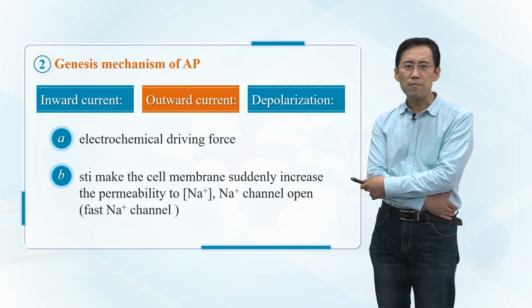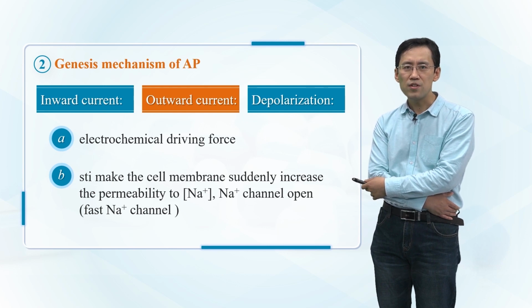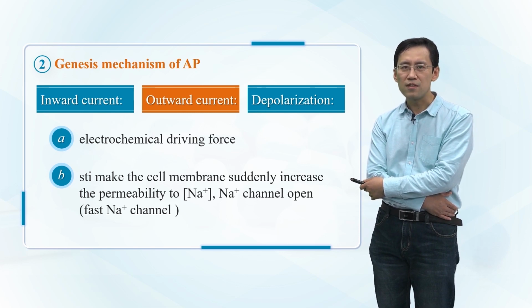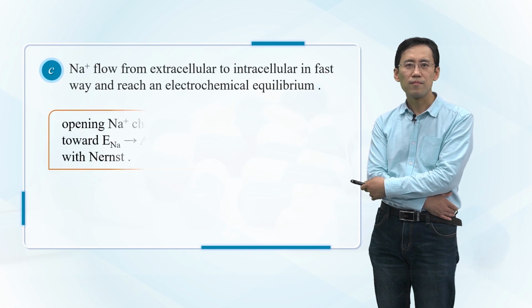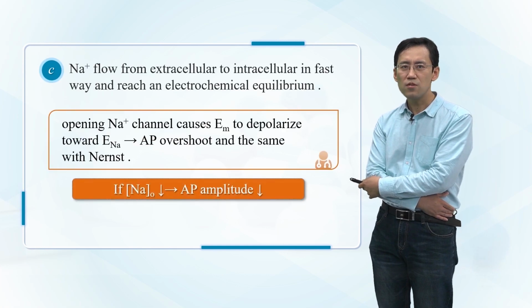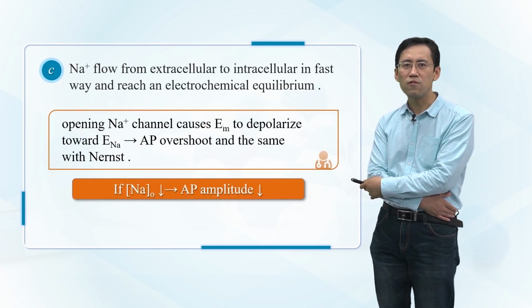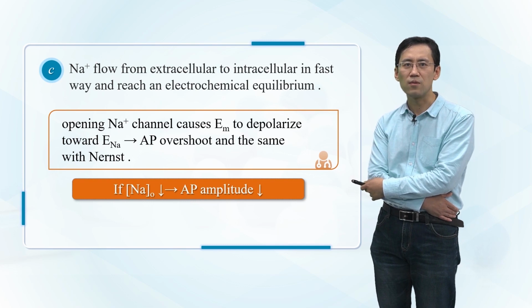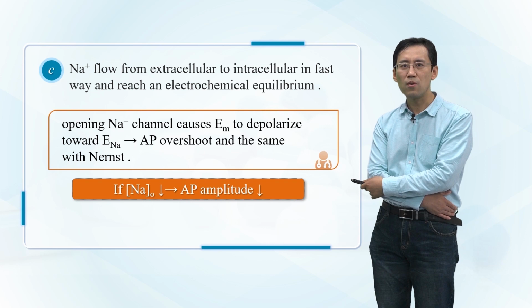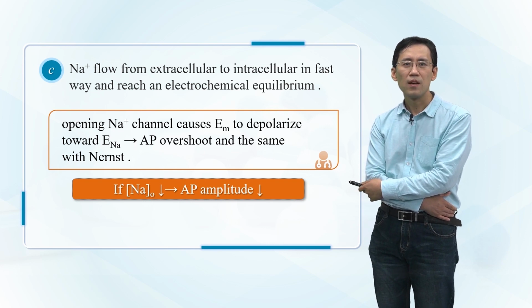The stimulation makes the cell membrane suddenly increase its permeability to sodium. The sodium ion channel opens very fast, so the sodium ions flow from extracellular to intracellular quickly and reach an electrochemical equilibrium.